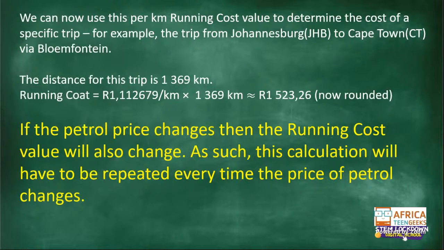And this, by the way, includes also the petrol that you have to pour into the vehicle. It includes the service maintenance and so on. It also includes the cost per tire in your vehicle. So this is how we calculate the running costs.